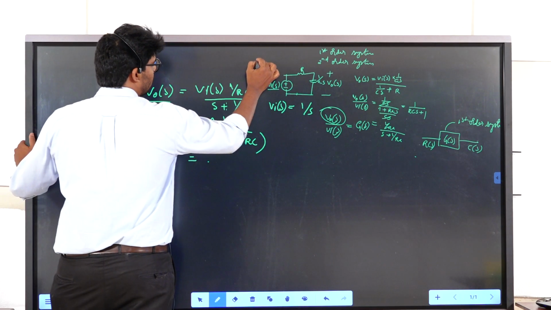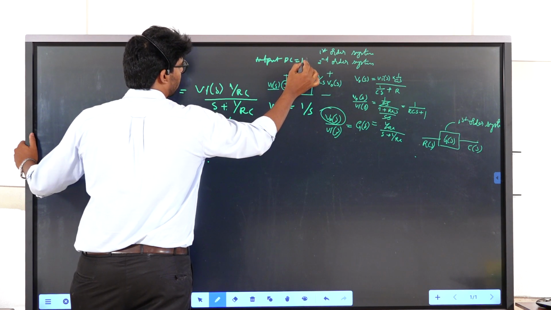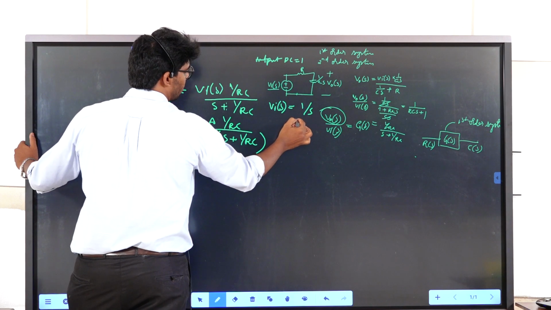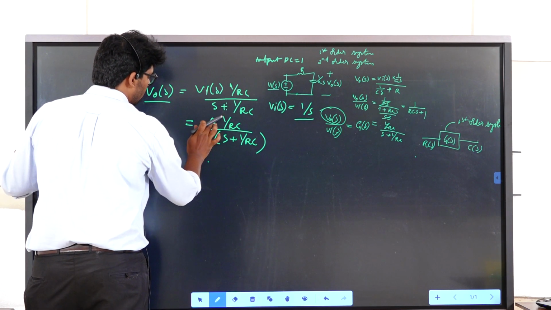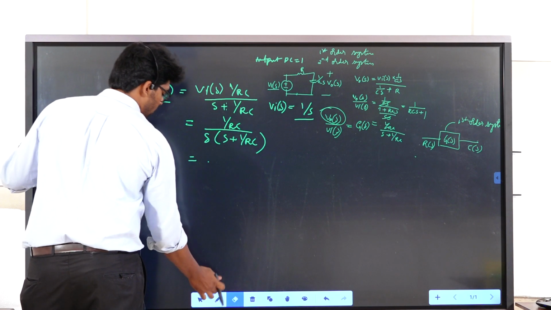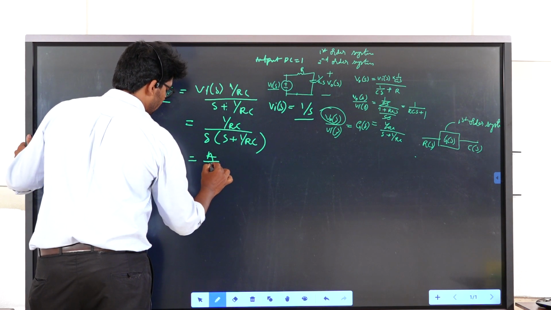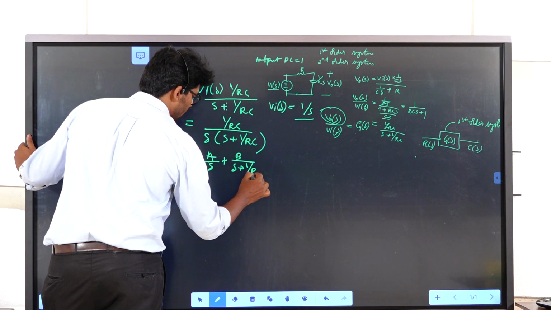So my input is DC of 1 unit, unit step input. The Laplace of unit step input is 1 by s. So further, if I do partial fractions, I'll be having A by s plus B by s plus 1 by RC.